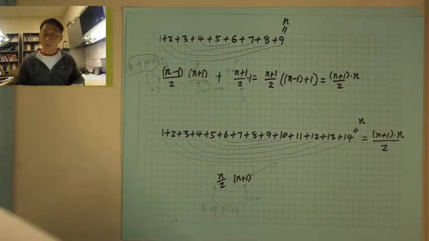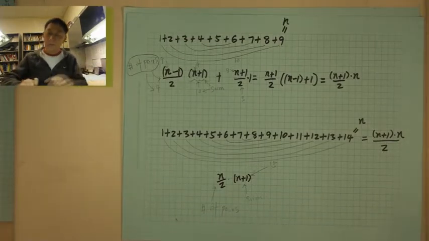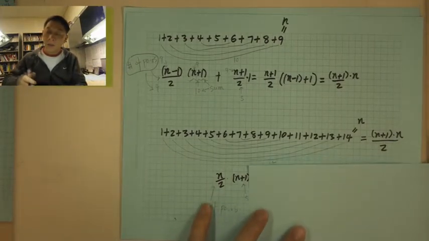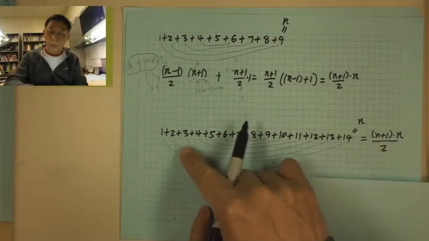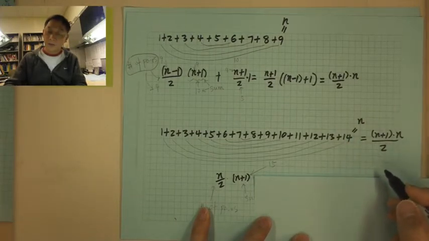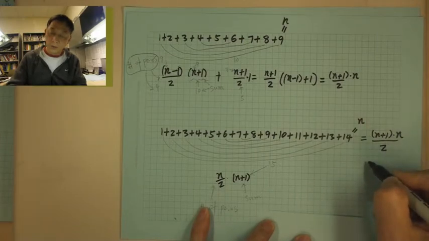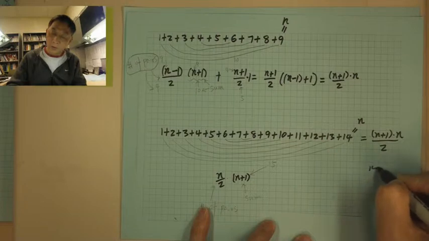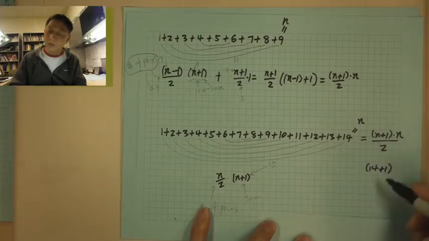We may use the formula right here. 1 plus 14 is 15, so you may write 14 plus 1, that's the sum, 15.